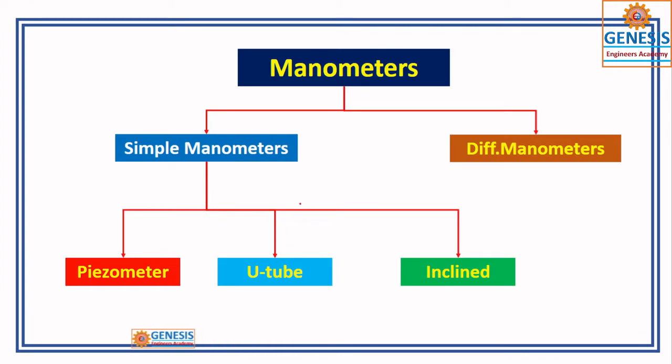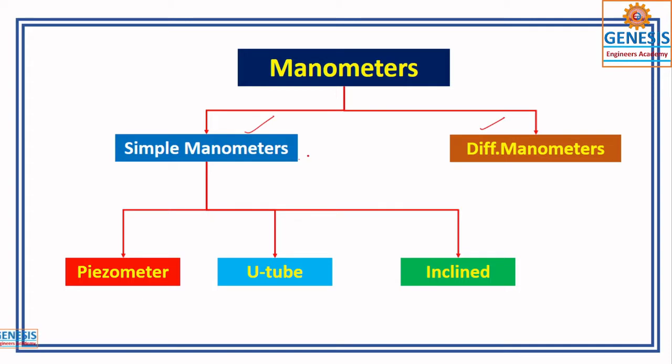Manometers can be classified as simple manometer and differential manometer. A simple manometer is also a glass tube, in which one end is connected to the pipe and the other end is exposed to the atmosphere.